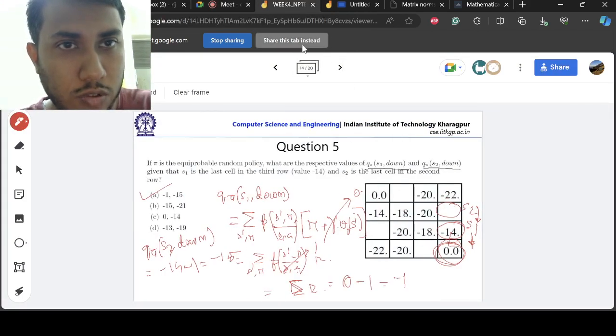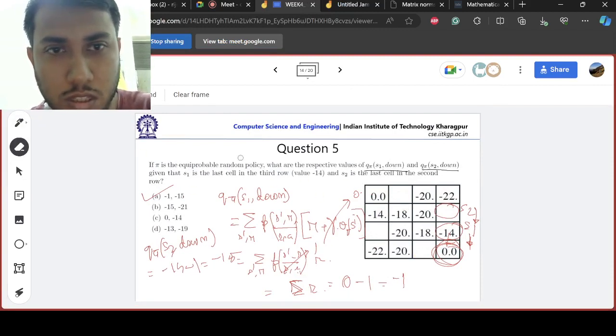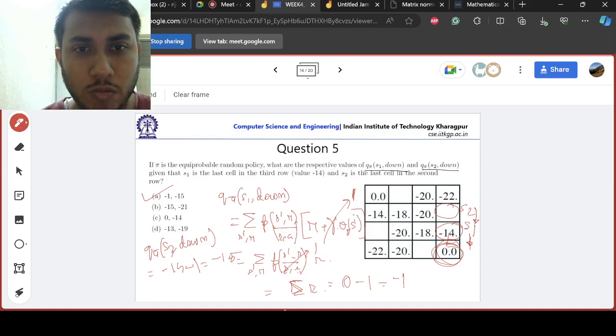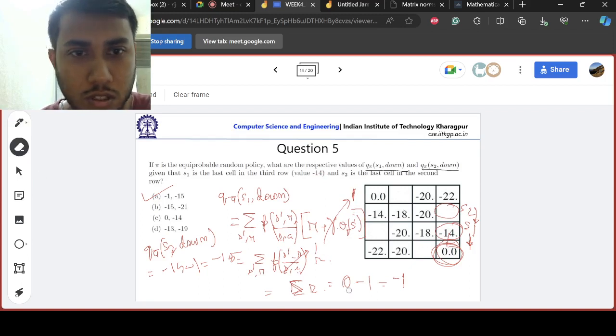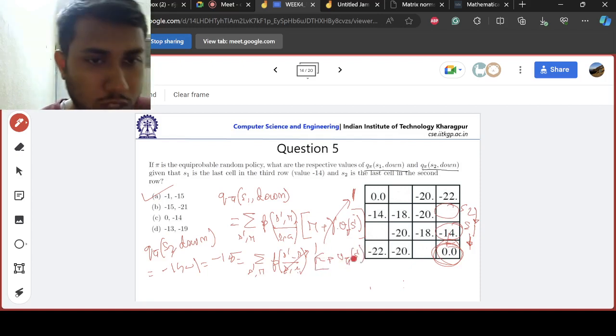Similarly in the other question, this also is the same. If it goes to 1, it will ultimately become r plus v pi of s dash. So the reward is minus 1 and v pi is minus 14, equal to minus 15.